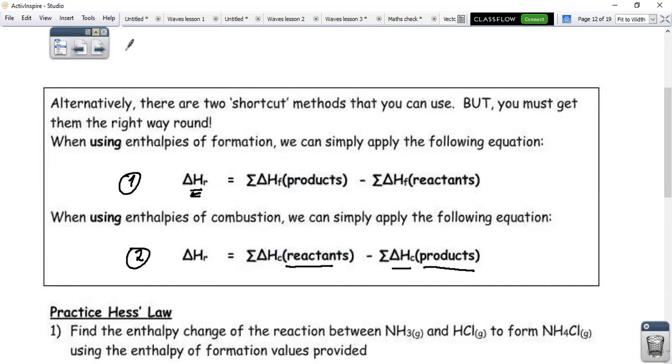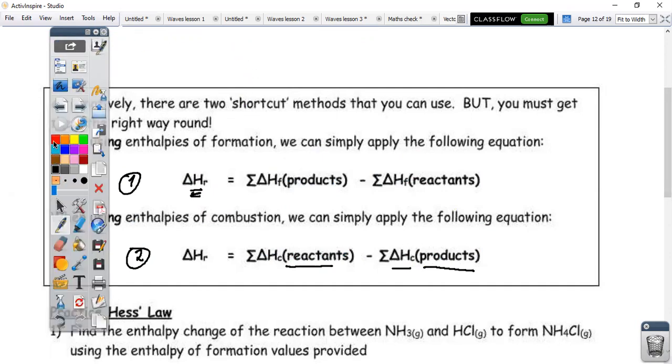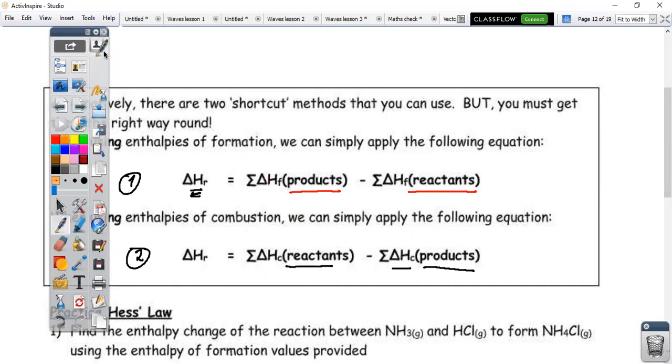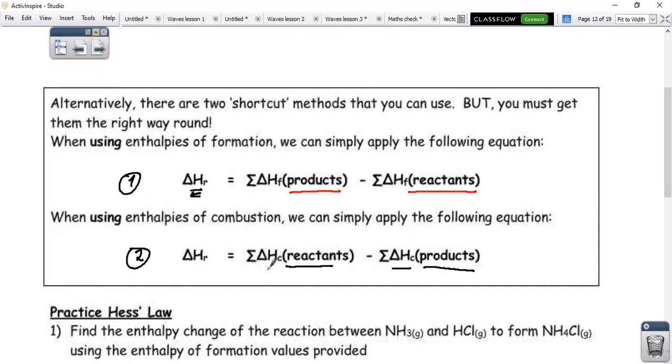Now note very carefully here, because this is where students make mistakes, okay? Here, if you're using the enthalpy of formation, it's products minus reactants. If you're using enthalpy of combustion, then it's important to remember that it is enthalpy of combustion of reactants minus products. So take some time to commit this to memory, okay?